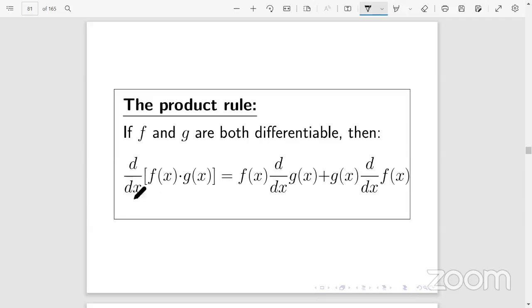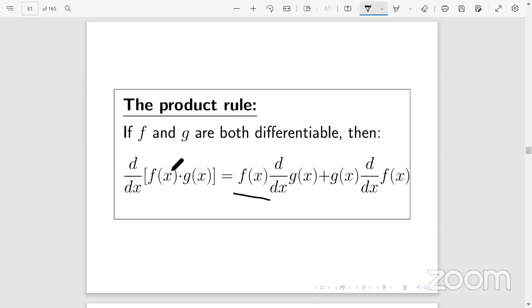Whenever you want to differentiate f times g of x, the rule says keep one function constant, differentiate the other, plus the one that you already differentiated, keep it constant, then differentiate the one that you kept constant.